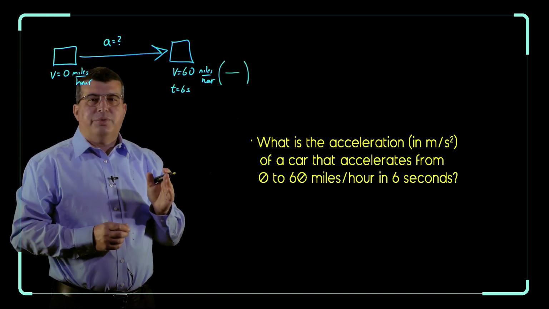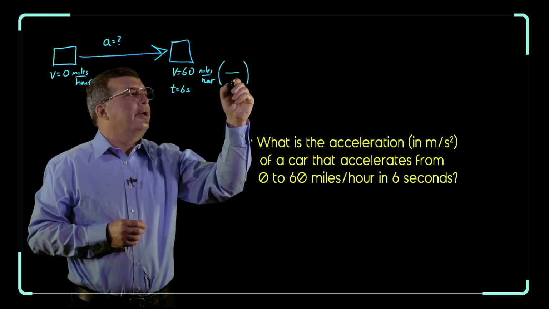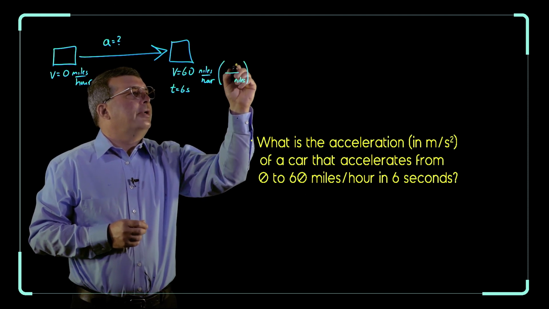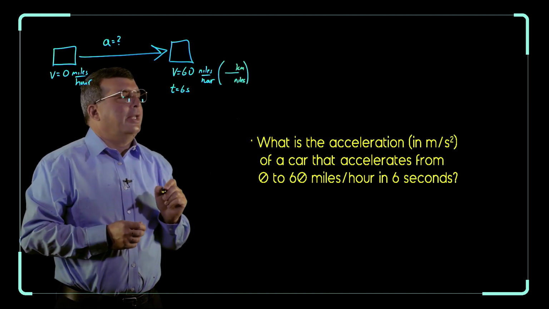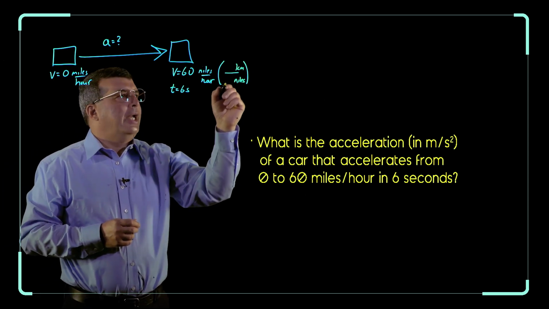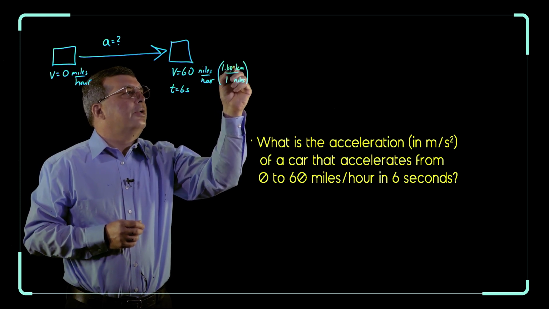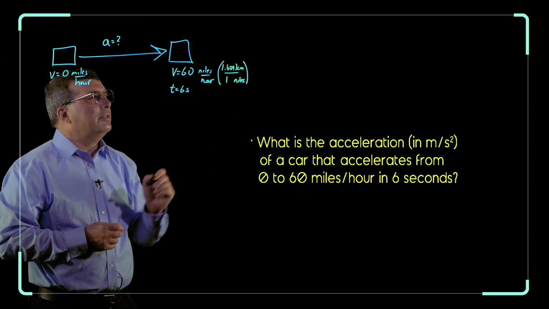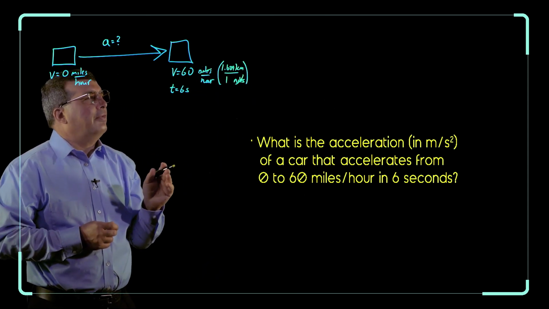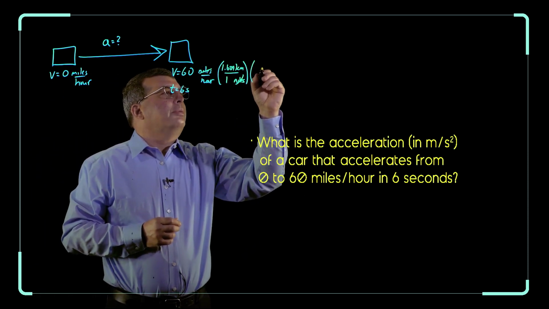First, we can change our miles to kilometers. Miles is in the numerator, so I'll put miles in the denominator. And that leaves kilometers in the numerator. And previously we had a conversion factor of 1 mile is 1.609 kilometers. That cancels out our miles. So now we have kilometers per hour. Well, we can change those kilometers to meters.